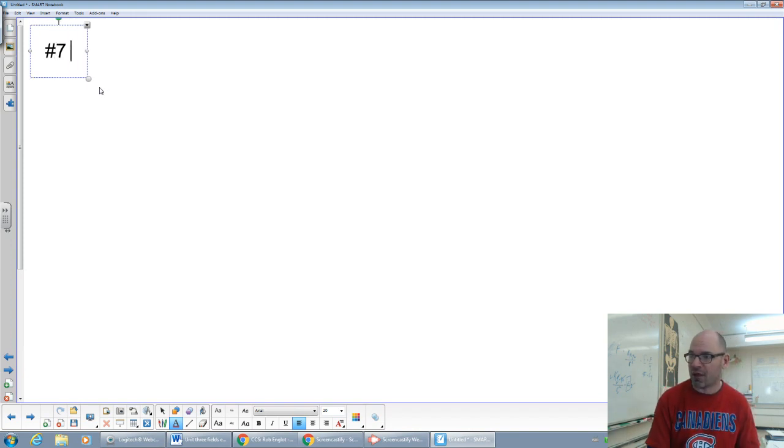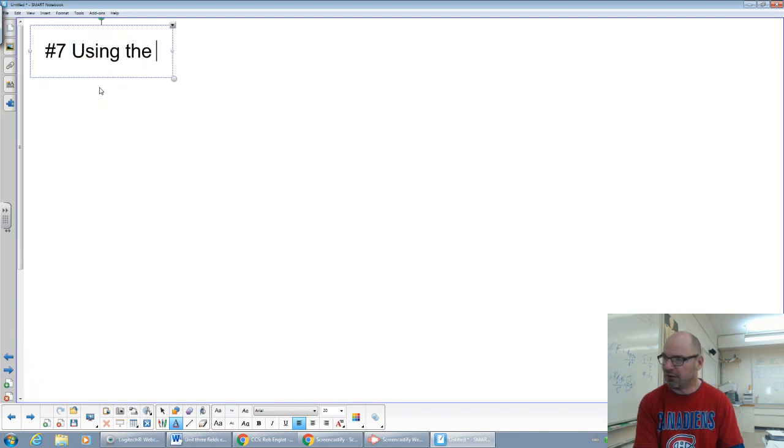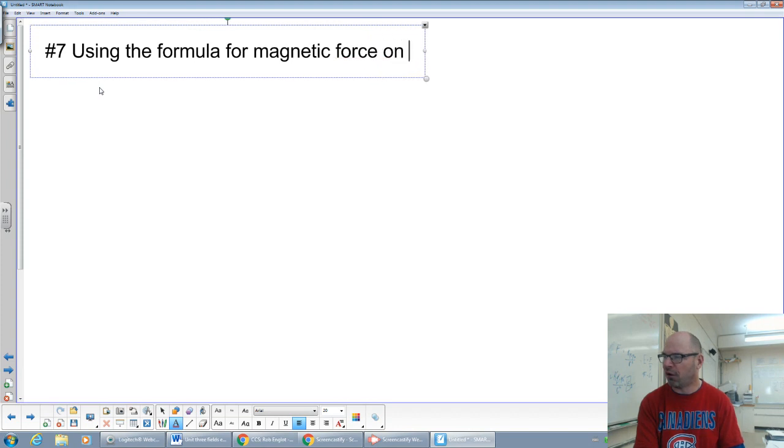Okay, this one, number 7, just so you guys know, I used a similar exam last year, had lots of good marks on it, not too hard, but study up those equations, don't get confused between the equations, and you'll do fine. So number 7 is going to be a question using the formula for magnetic force on a current carrying wire.